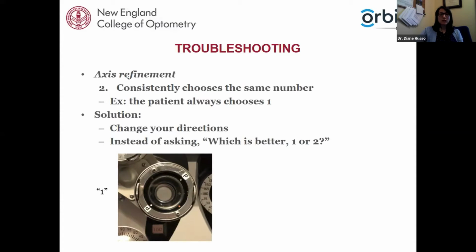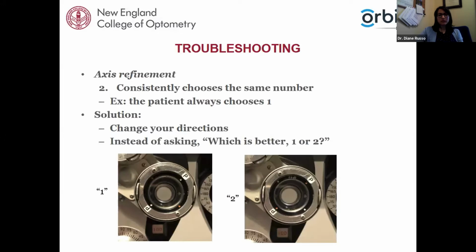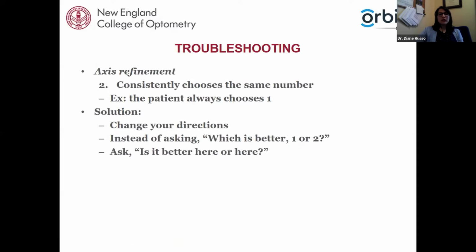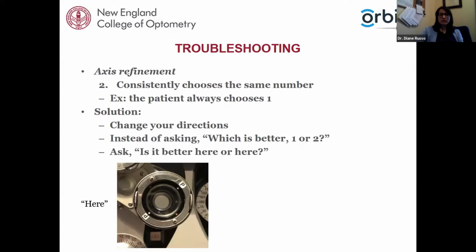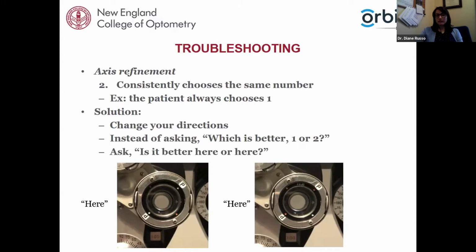So instead of asking which is better, 1 or 2, you can say, is it better here or here? And this can get a little confusing, so you do have to be careful with this because you're calling both choices here.